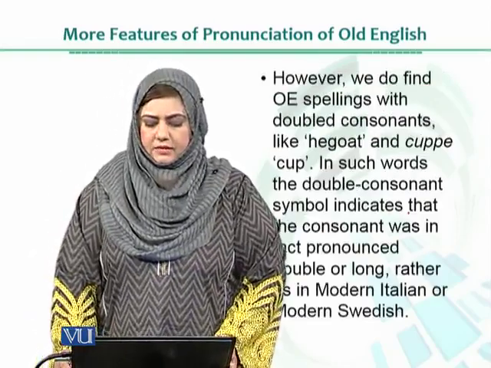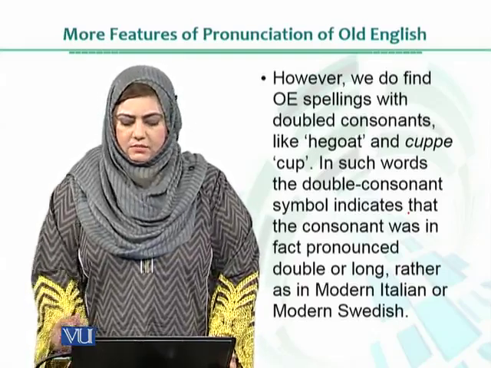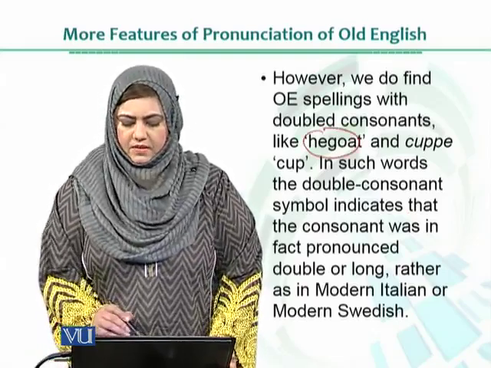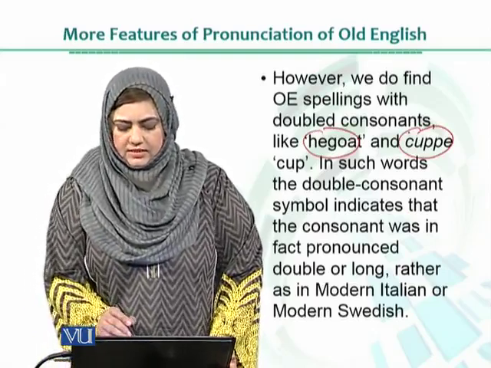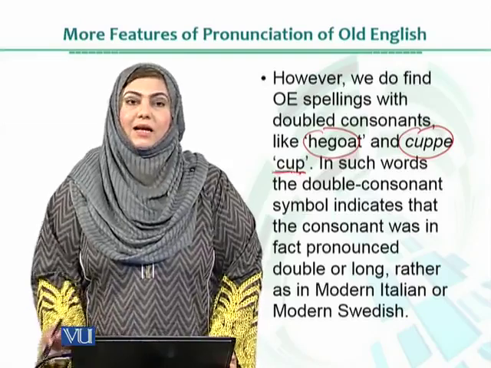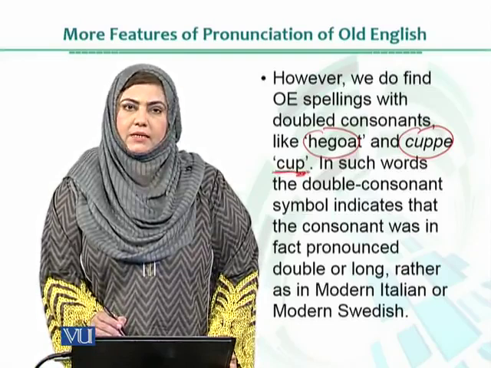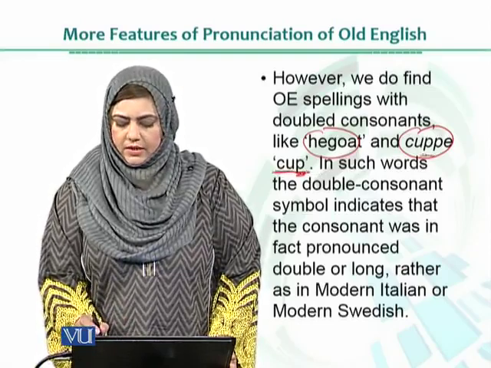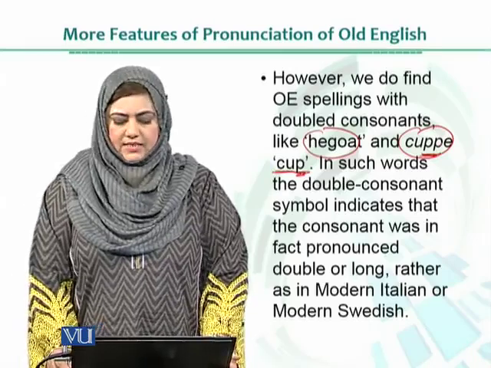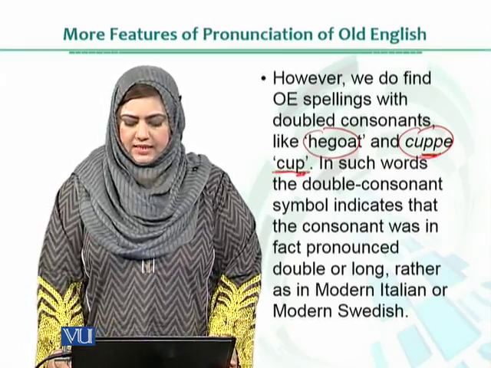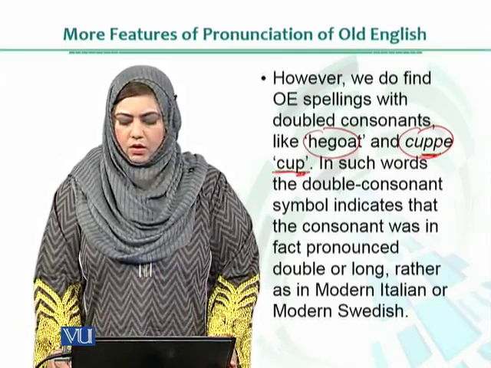However, we do find Old English spellings with double consonants. Notice this example, a very interesting word. This is the modern English word cup. We have a single P consonant nowadays, but in Old English, you can notice a double P. In such words, the double consonant symbol indicates that the consonant was in fact pronounced double or long.